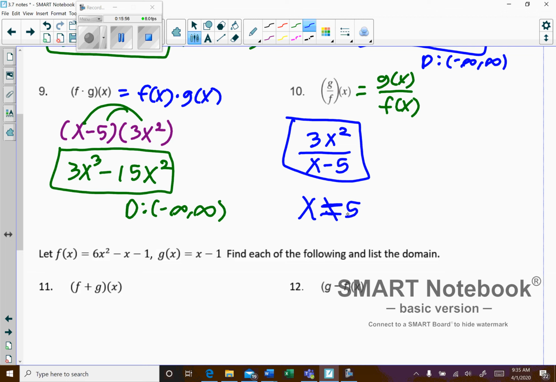If you were to plug in a 5, then the top would turn into like 75 or something, which is fine, but the bottom would turn into 0. Can't divide by 0, so that is going to be excluded. So when we write our domain, it's going to be from negative infinity to 5, but not including 5, union from 5 onto positive infinity. And there's our domain.